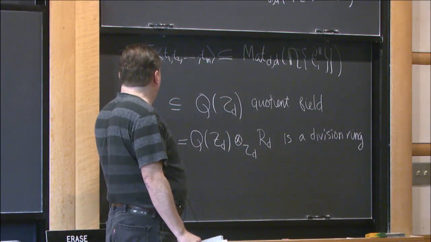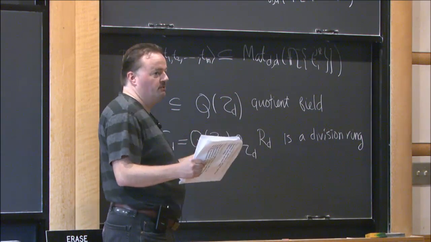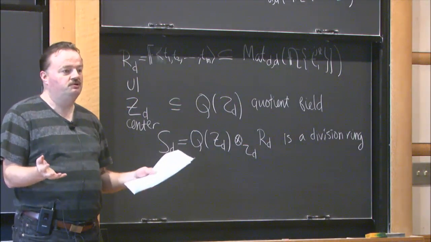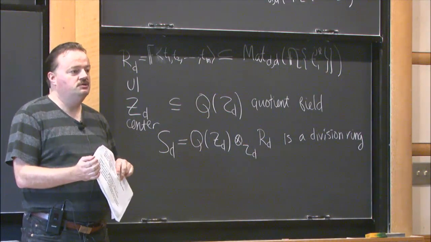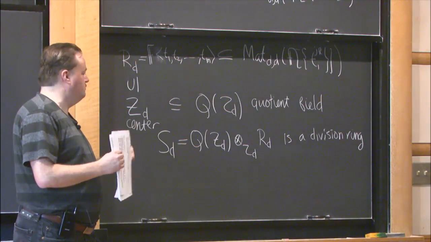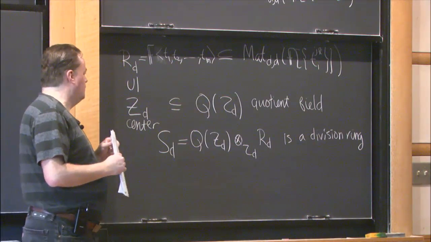Okay. If you have, for example, the polynomial ring, then you can also look at all the quotients. That would be the quotient field. You can do this for any commutative ring, as long as you don't have any zero divisors.